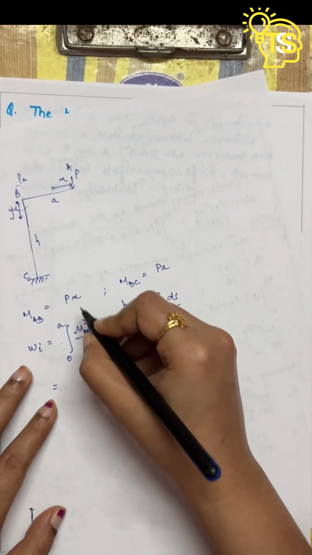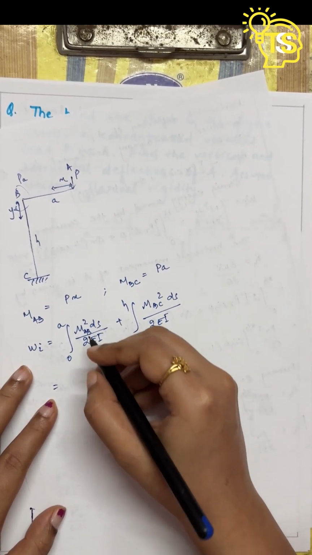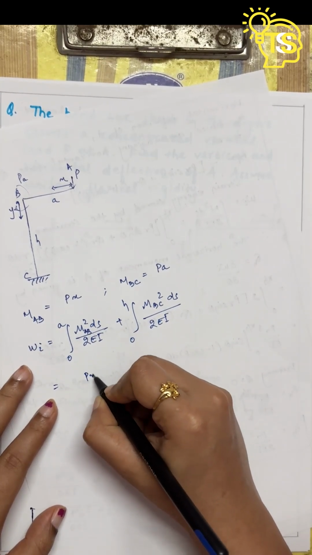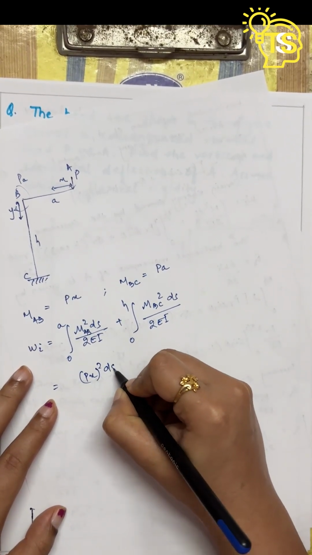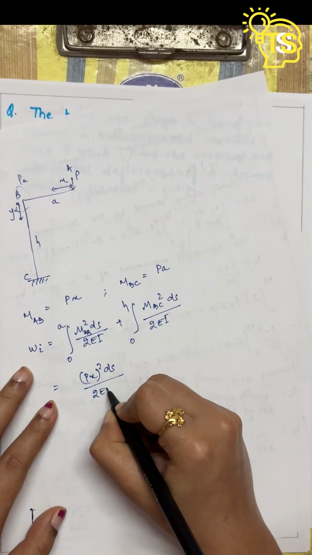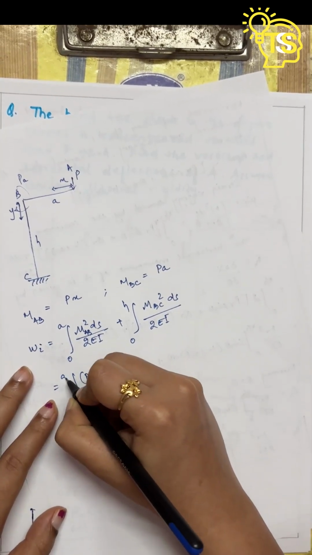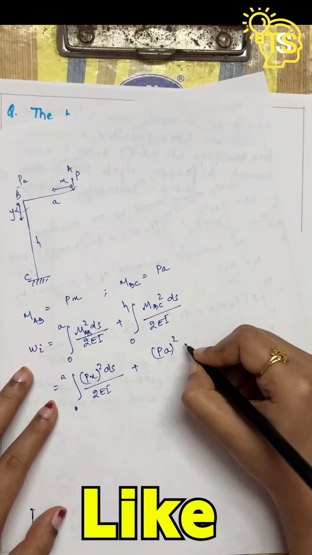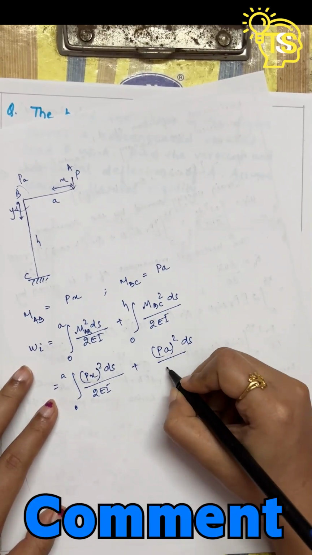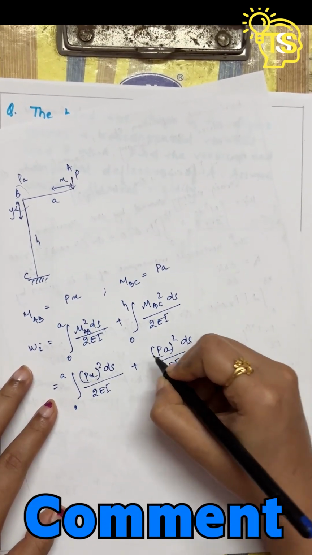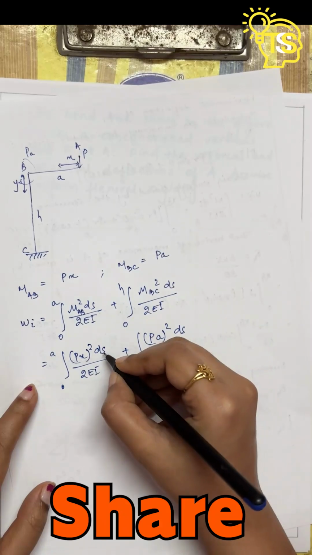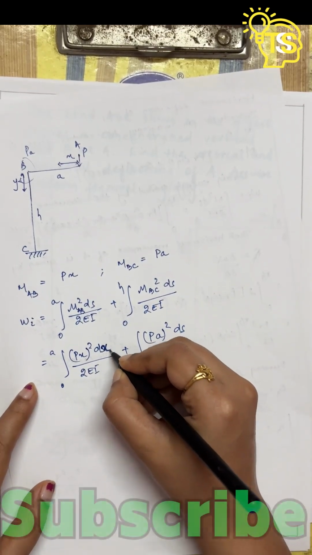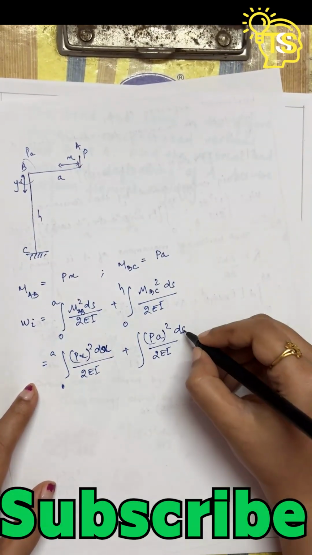Now let's put the value of the moments. We will get Px whole square ds upon 2EI, and here we will get Pa whole square ds upon 2EI. Let's put it this way: this will be dx and this will be dy.